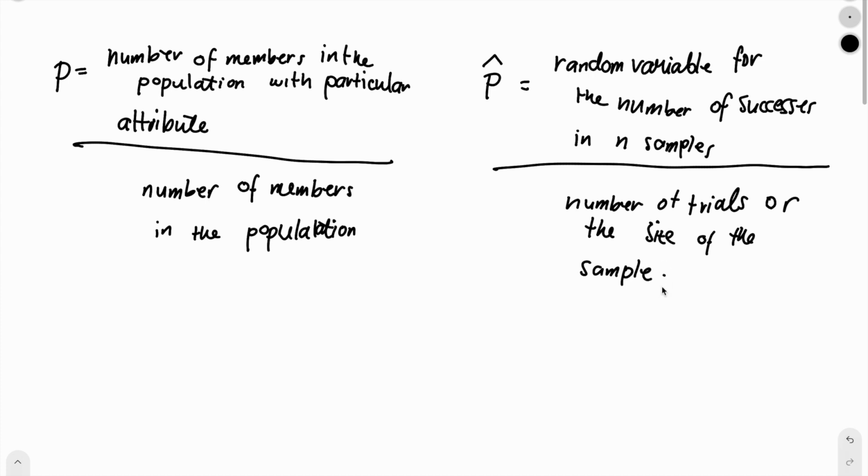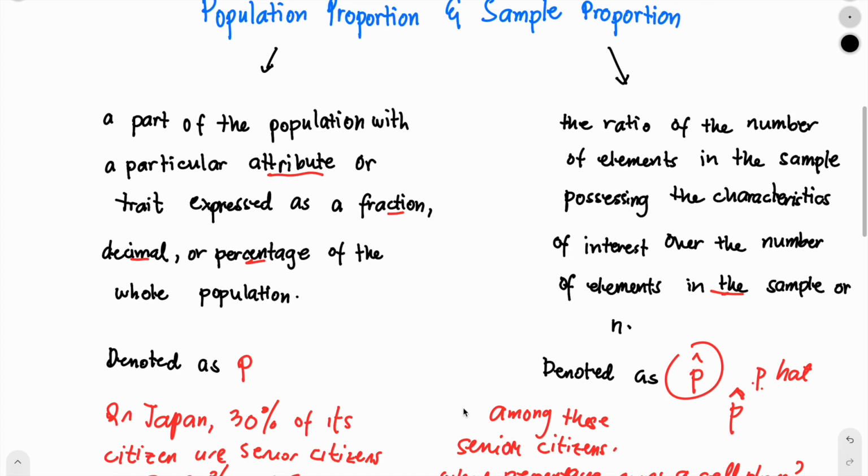So, ang ganitong sample proportion, pwede rin siya x over n. We know that the sample size is n, and let's just say that x is the number of successes in n samples. So in our example here, success is what percentage owns a cell phone, or how many senior citizens from the 30% of Japan own a cell phone.